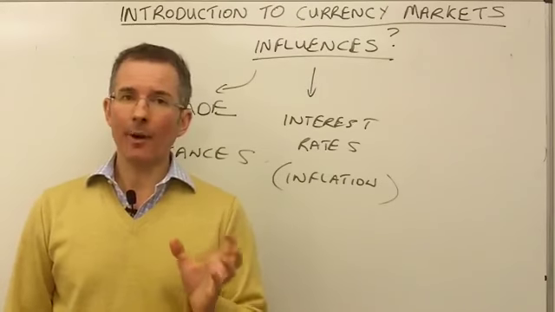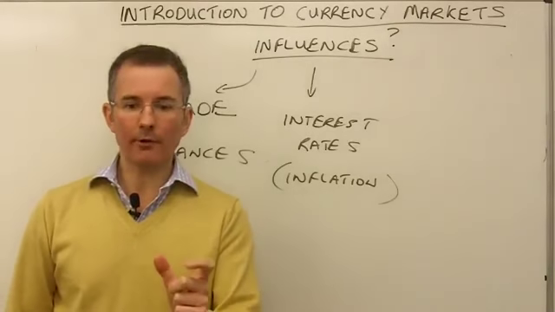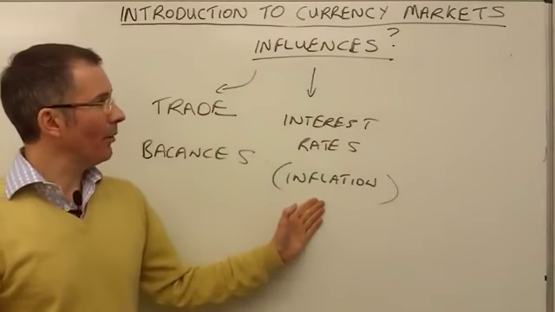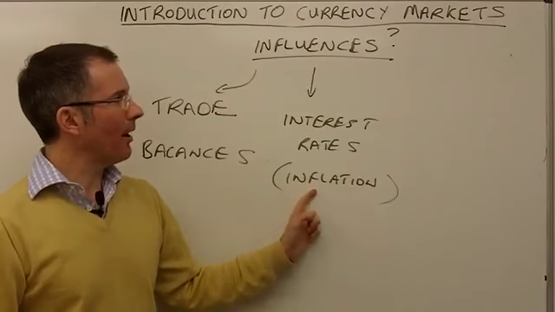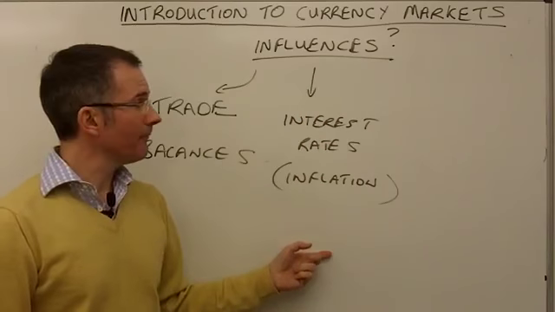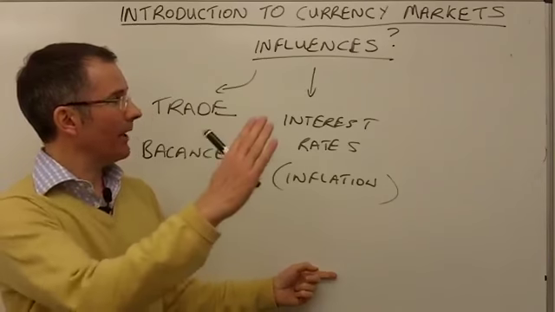So, if US interest rates are high, people will tend to think, great, I want some dollars because I can earn a good return on dollars right now. And actually, that principle, that the bigger the return offered by, say, a central bank on its currency, the more interest there'll be and the higher the exchange rate.